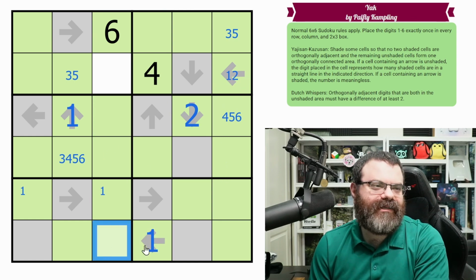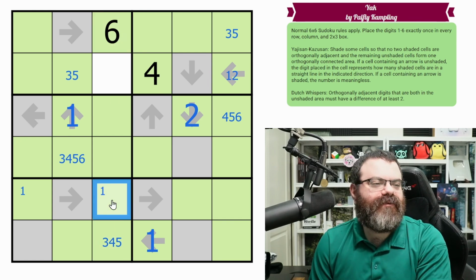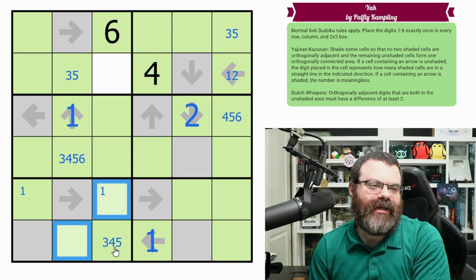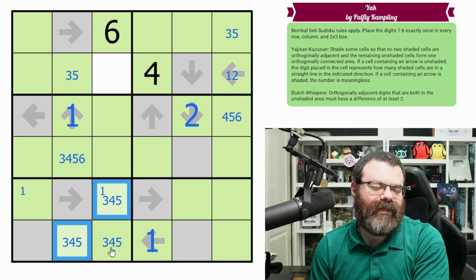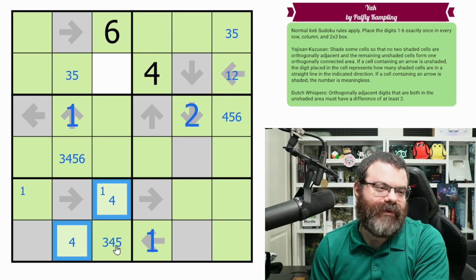Next to this one, we can't have a 2, so it's 3, 4, 5. Not 6. So next to 3, 4, 5, we can't put another 3, 4, or 5. It would definitely be within 1 of another 3, 4, 5. No, it could be within 2, actually. Oh, hold on. We can't put a 4. These can't be 4, because they'd be next to a 3 or a 5.